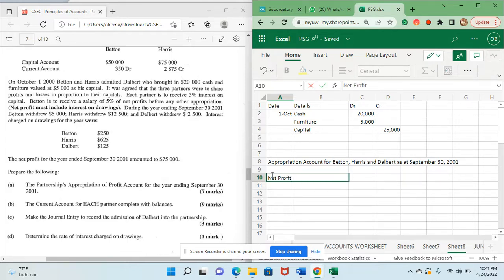Think about it logically. If we want to find out how much money the business would have to share among the partners, what do we have to do? We have to add everything that the business has to get from our partners, and we have to minus anything that the business may need to pay out to the partners. So we start with our net profit of 75,000 in this case.